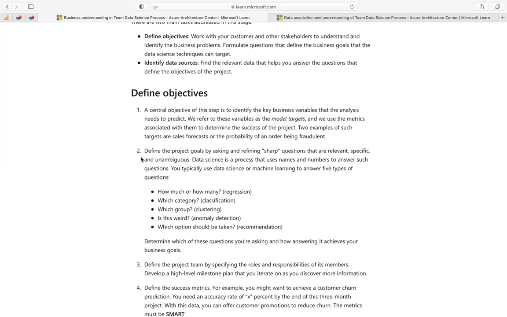So with a week of data given to you, you can actually note, as I said when we were coming, data science is a process that uses names and numbers. So the numbers are going to help you to actually know how many times people purchase your product in a day on these 5 days in a week.